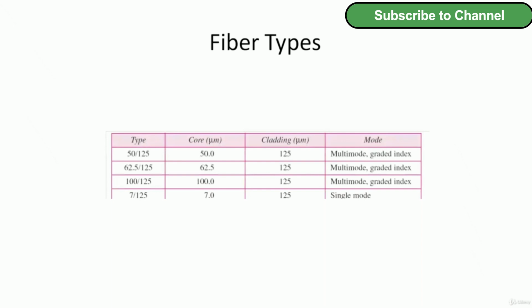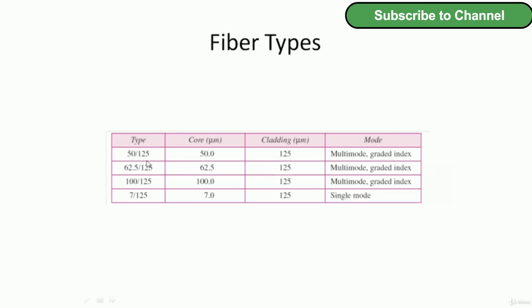Then we have to study the fiber types. Here, different fiber types are given. First is the type, then core diameter, then cladding diameter, and the mode of operation.